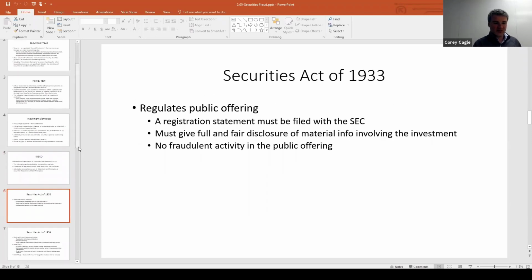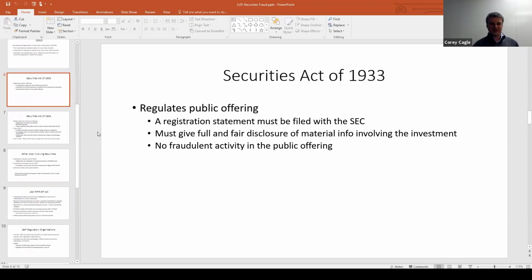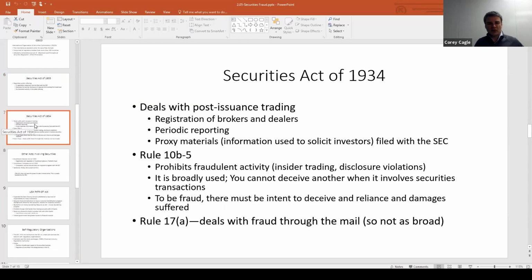All right, these Securities Acts, we're probably fairly familiar with these for the most part. The 33 Act regulates the public offering. You have to file a registration statement, with full and fair disclosure of information that's material involving the investment, no fraud. So public offering for that 33 Act, right? The 34 Act is going to deal with everything after, right?